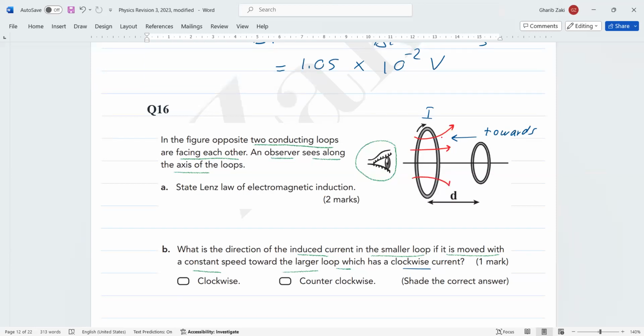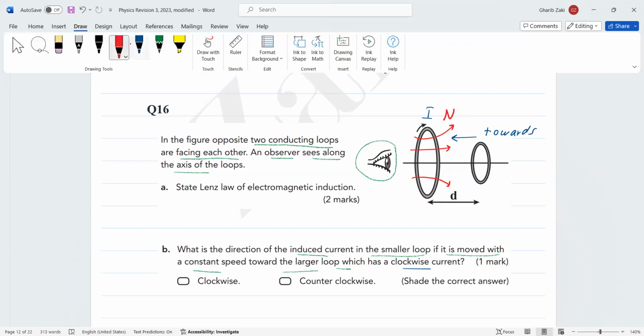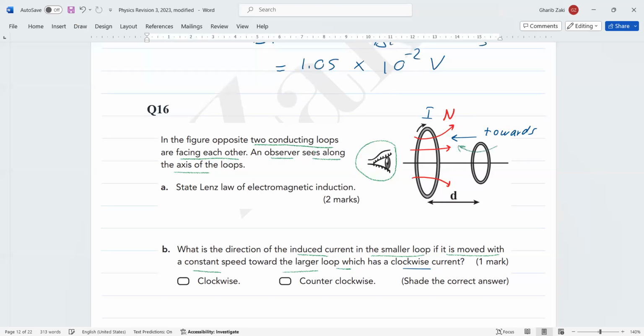Can you see? It's north. Because the smaller loop moves towards it, the magnetic field in the smaller loop is the same, north, by Lenz's law.